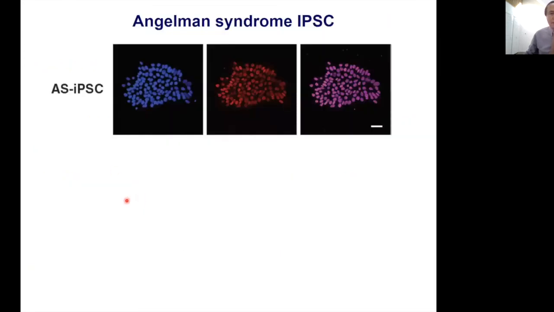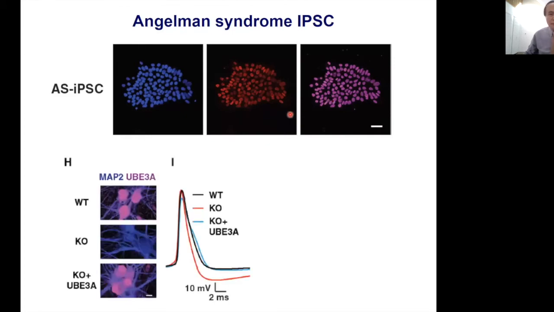For example, this is an iPSC cell we generated from one of the patients. This is the final product for iPSC, and we can also differentiate it into neurons.